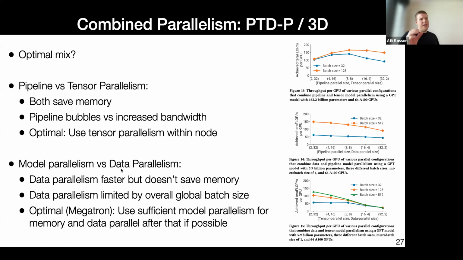Then they will use pipeline parallelism just until you can fit the model. So you combine the pipeline and the tensor parallelism until you have enough GPUs that you can fit the model state. Then beyond that, to just speed up the compute, they'll do data parallelism on top of this. So those are the three axes.